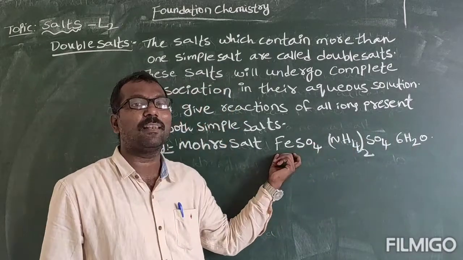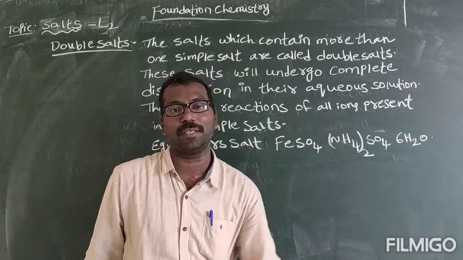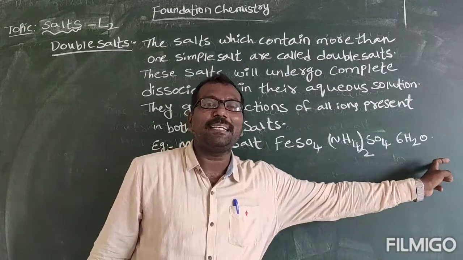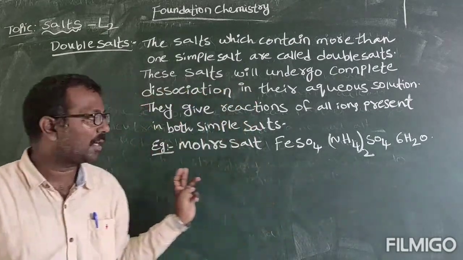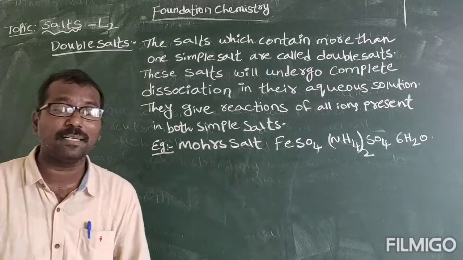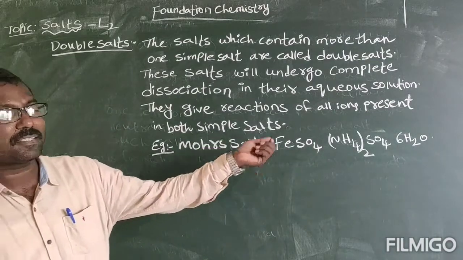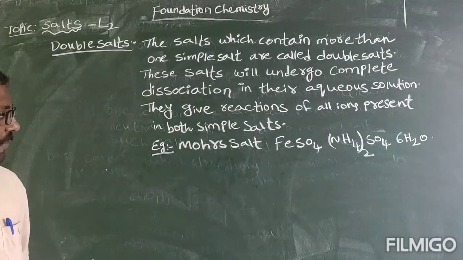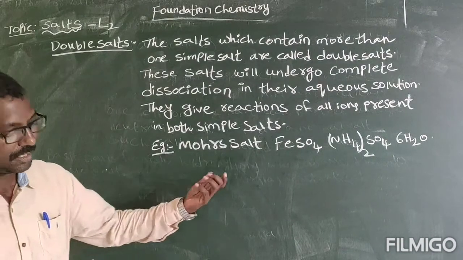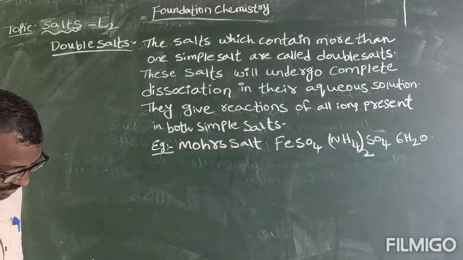That is ferrous sulfate and ammonium sulfate. Hydrated, 6 water molecules are there. Mohr's salt is hydrated ferrous sulfate and ammonium sulfate. Okay, this is the example of double salt.